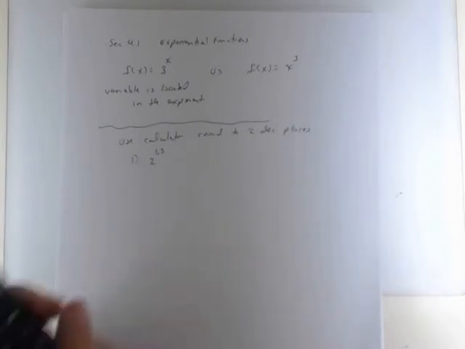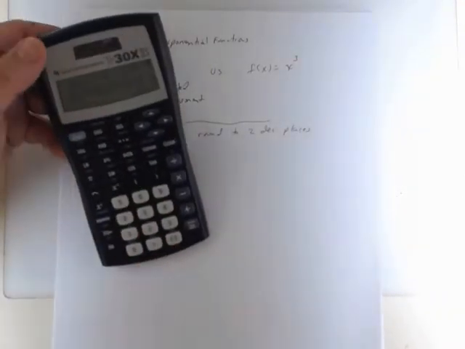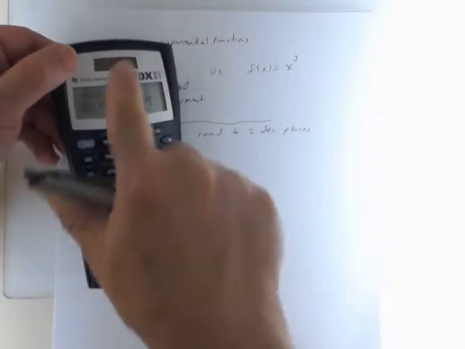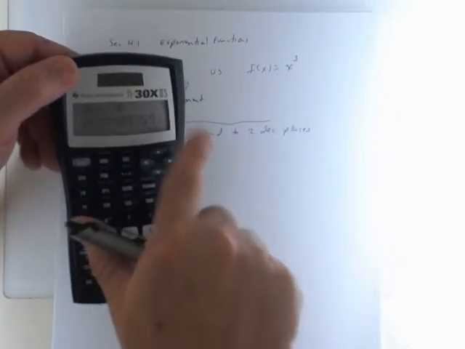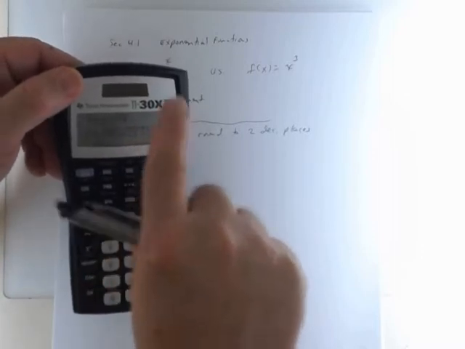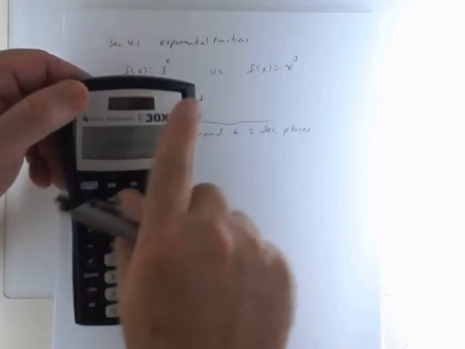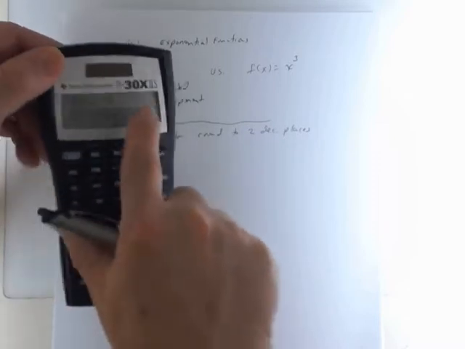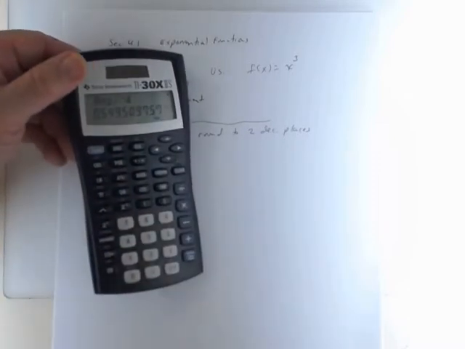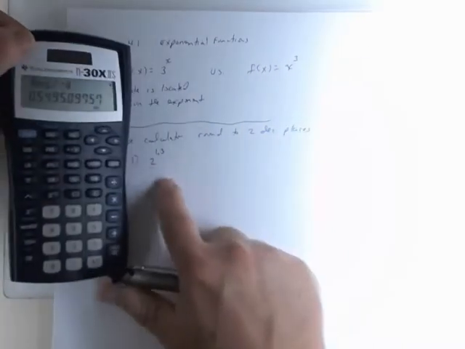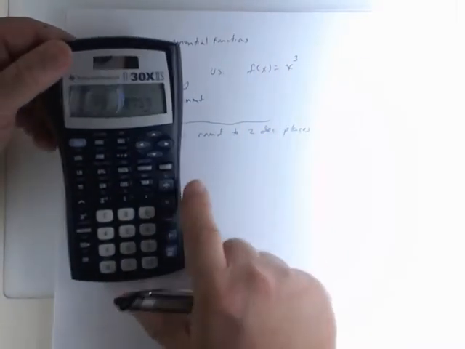All right, so on your calculator, you're going to do this. Now, if you have this kind of calculator, this is an easier calculator to use. If you use a different calculator than this, the order in which you put things may vary. But with this kind, whatever you see is what you type in. So I need to first do the base. What's the base? 2.